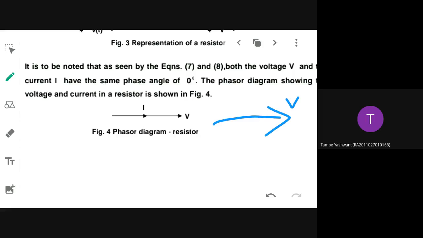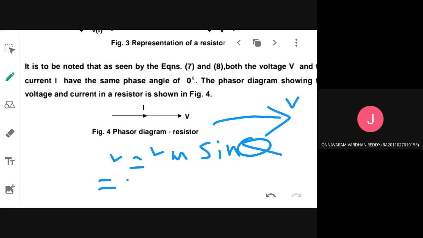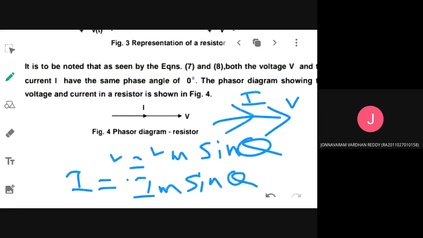V is given by Vm sin theta, and I is also given by Im sin theta. Are both in phase or out of phase? In phase, ma'am. Both are in phase, so on the same reference itself I can represent I also. So this is my phasor diagram for a resistor.